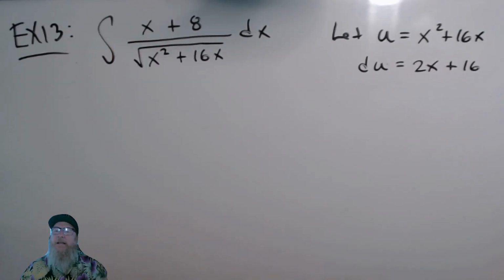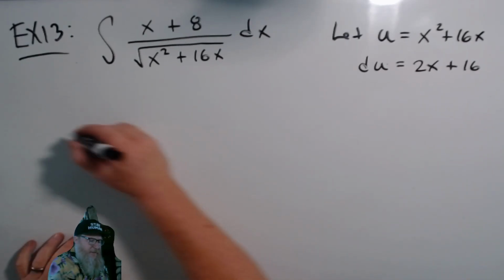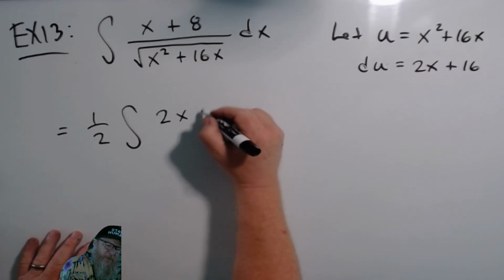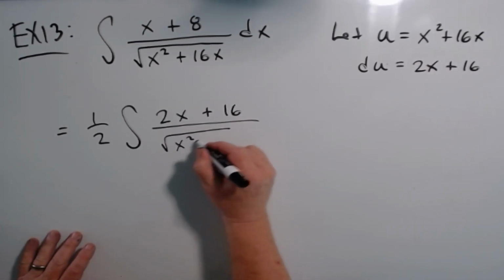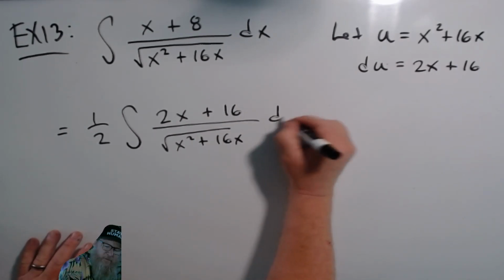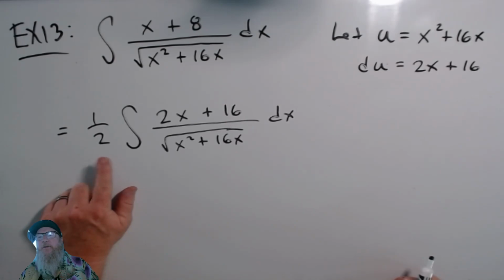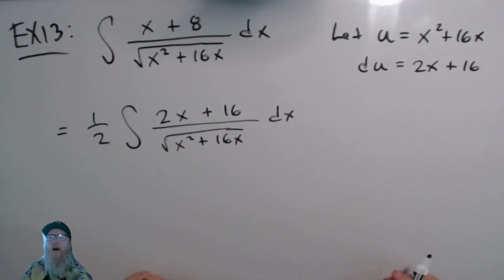We don't have a 2x plus 16, but we do have an x plus 8, so we can multiply that by 2. Make sure if you multiply the inside by 2, you put the 1/2 on the outside, because that's just a special form of 1.